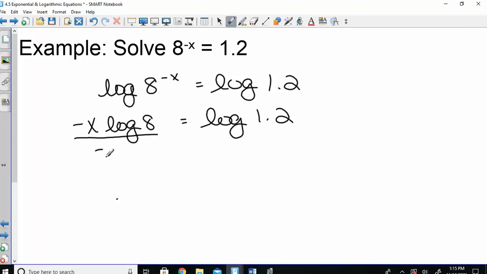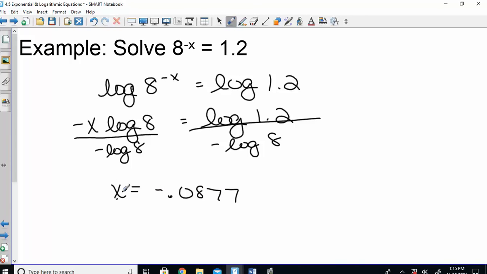So then we have to divide by a negative log 8. So we get negative 0.0877.